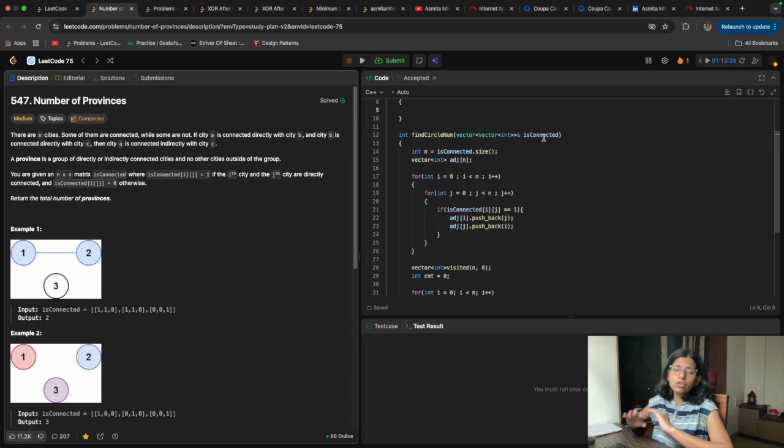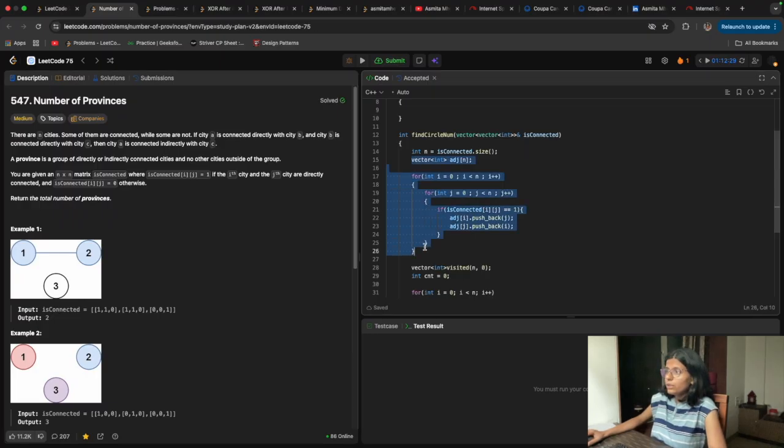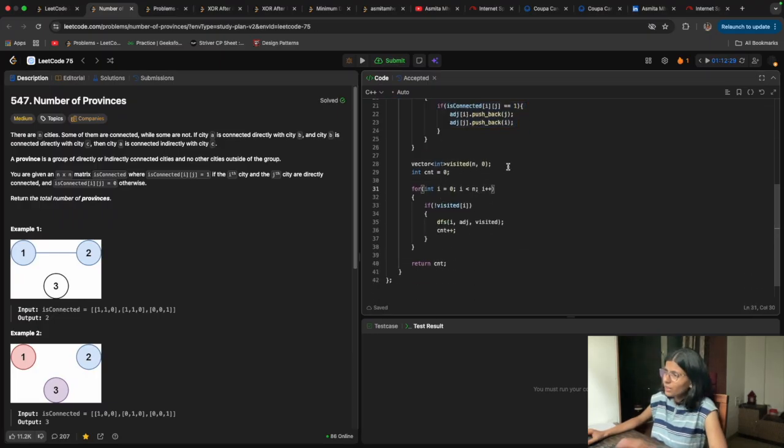Basically, it is a representation of a graph. We can represent it in a sparse matrix and also in an adjacency list. Here we had the sparse matrix, and we converted it to an adjacency list like this. Then we took a visited vector, and we started to find how many provinces there are. We took a node, and then we check if we have visited it in any previous province.